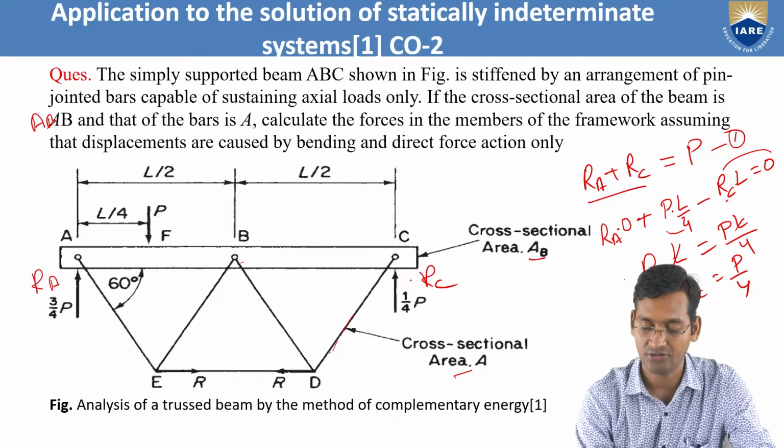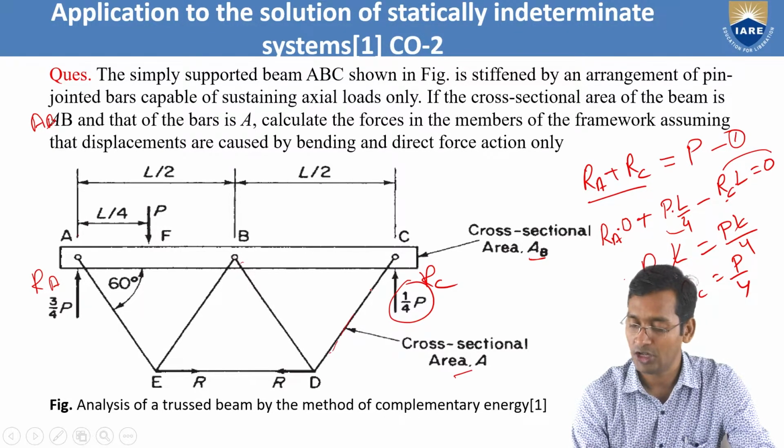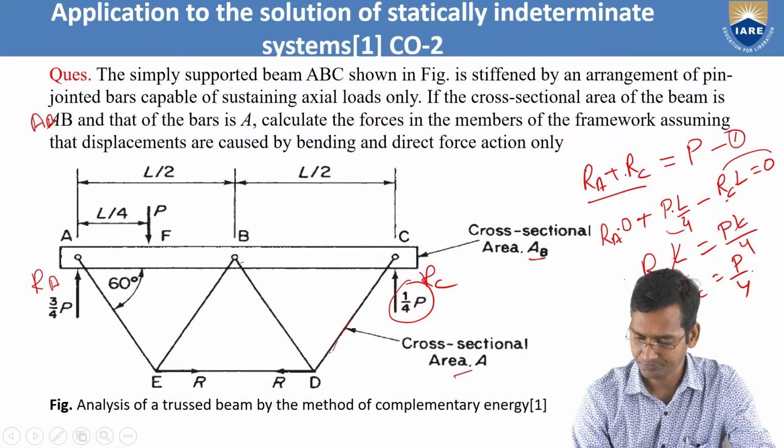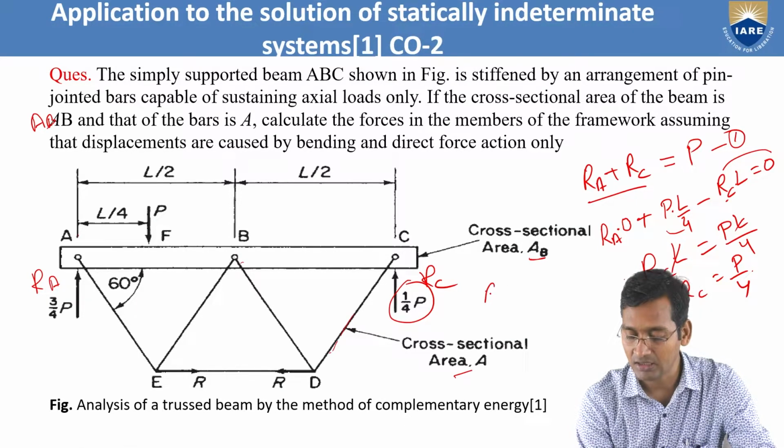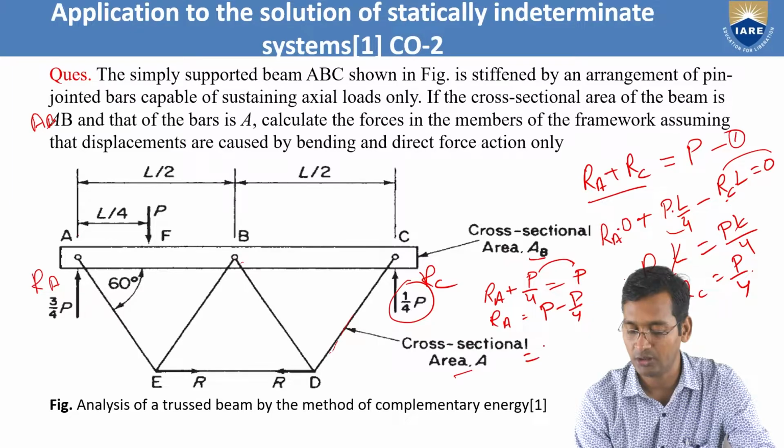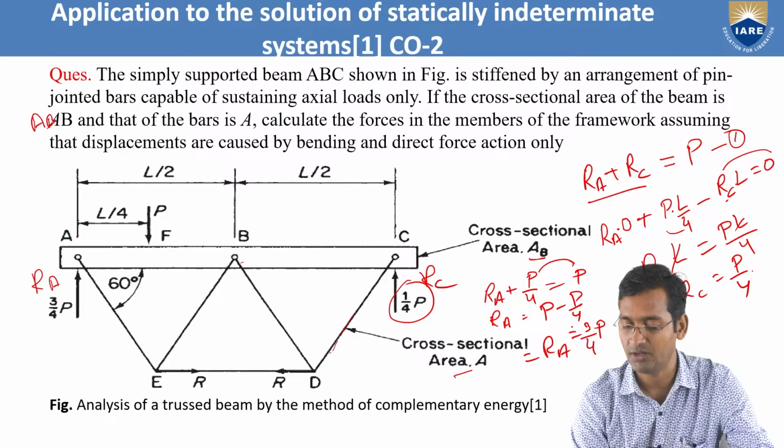Now substitute this value here: RA plus P by 4 equals P. Taking this to the other side, RA equals P minus P by 4, which gives RA as 3 by 4 P, or 3P by 4.